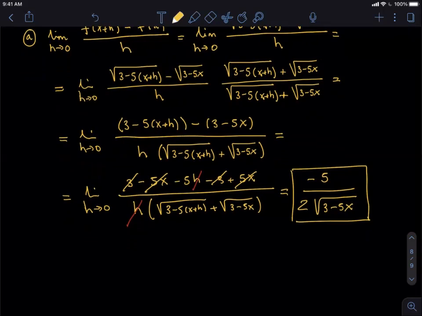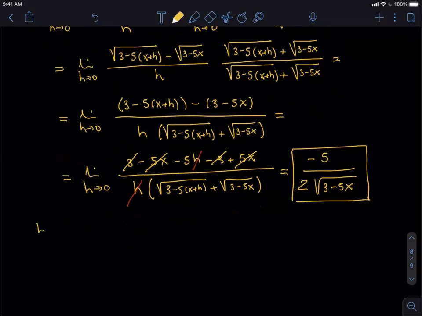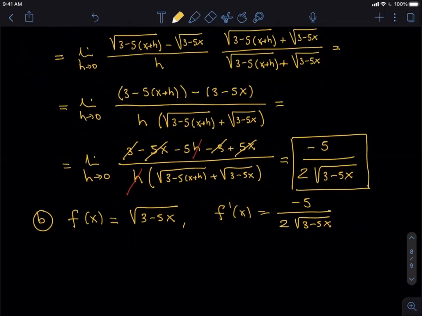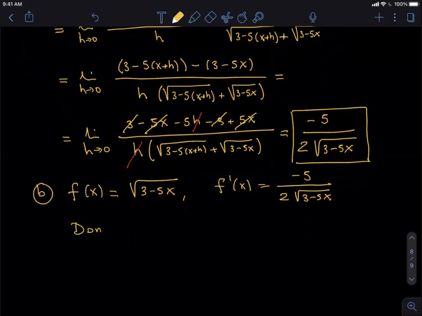Okay. Now the second part was asking to find the domains, right? So let me write down the two functions, and we go from there. To find the domains, we only need to find the points where the functions have problems.